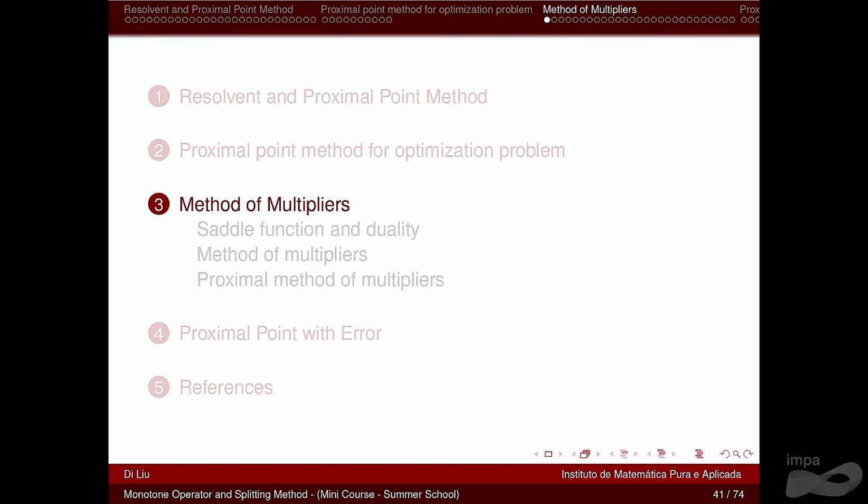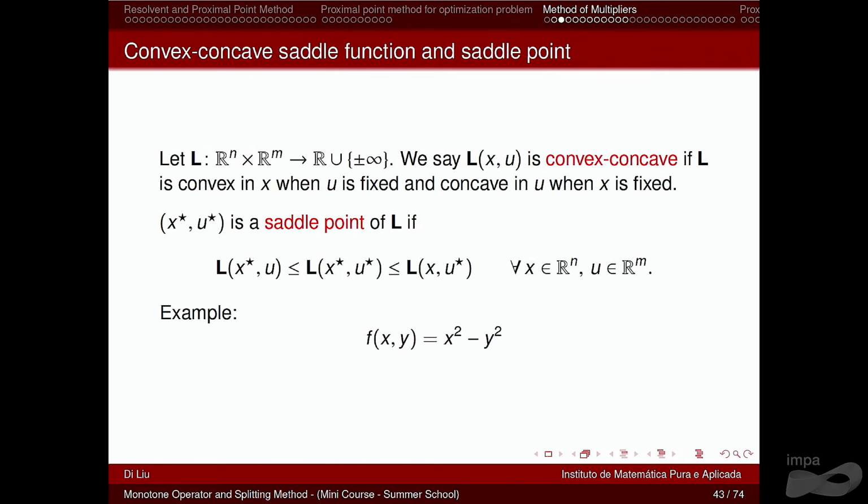Because of this, we need to introduce a little bit about duality. In this slide, we discuss duality from the perspective of the saddle function. First we introduce the saddle function.